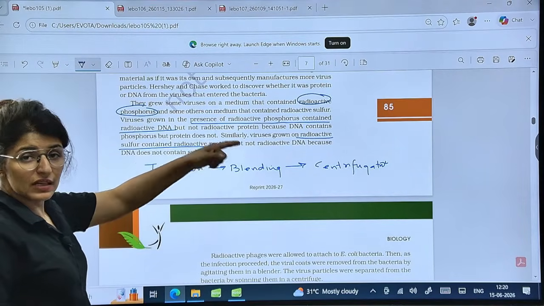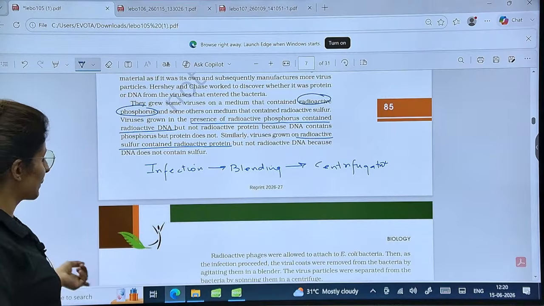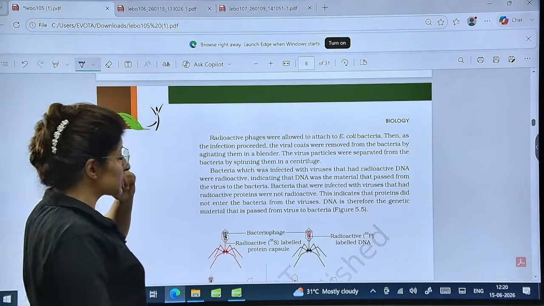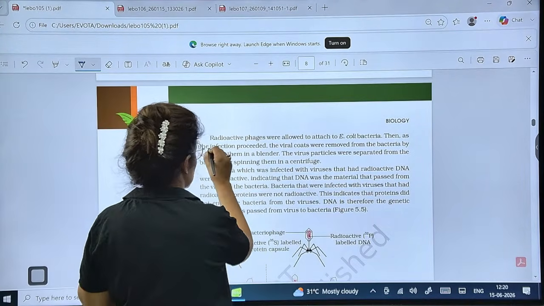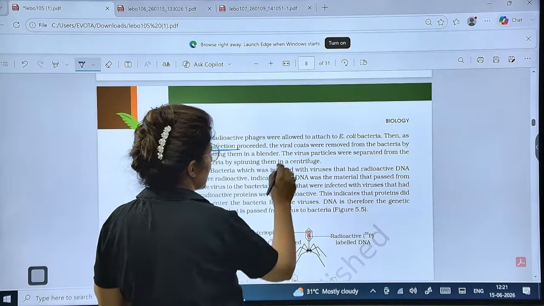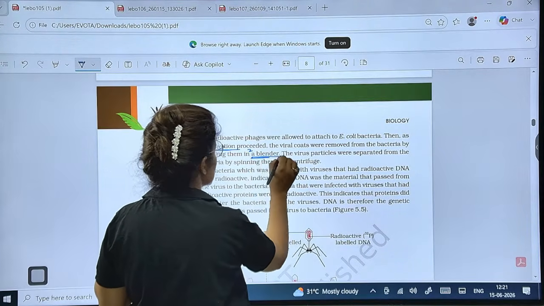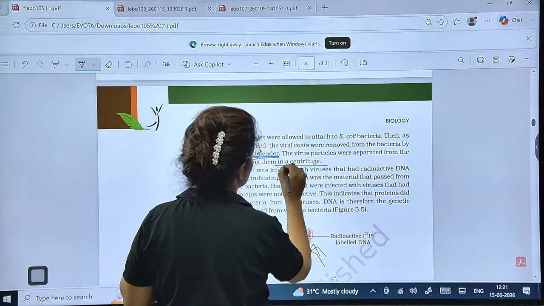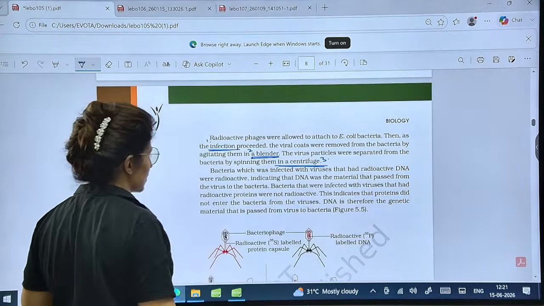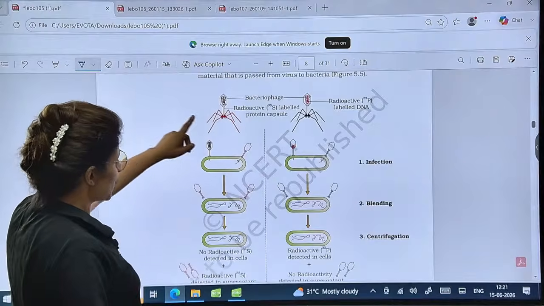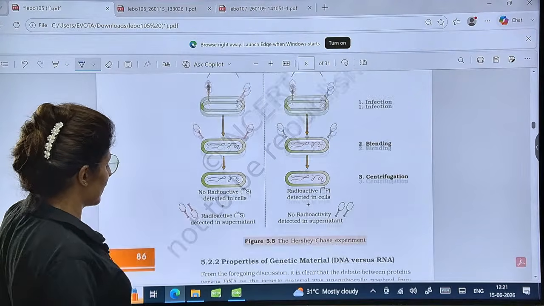Direct statements can come up in your exam. Radioactive phages were allowed to attach and then infection proceeded. This is the first step. Viral coats were removed by agitation in a blender, so blending is the second step. And finally, this is followed by centrifugation. You should be able to identify all these things.